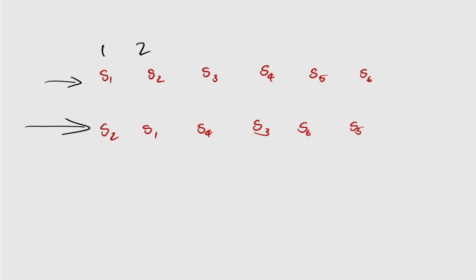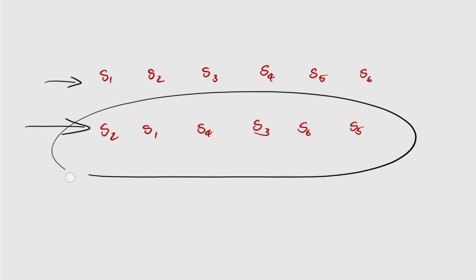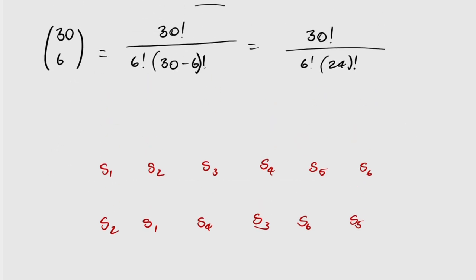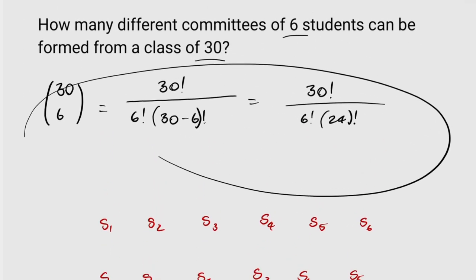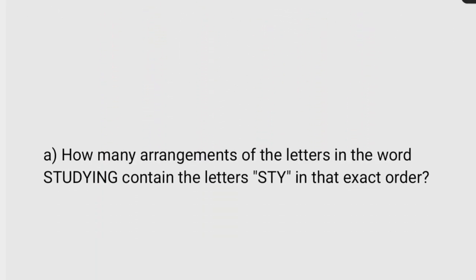There's no order of importance. It's not like the first one you chose is the most important, or the second one. They're all part of the committee, and because of that, the order does not matter, which is why we used the combination formula. So I hope you understand that, and let's go into the next one.